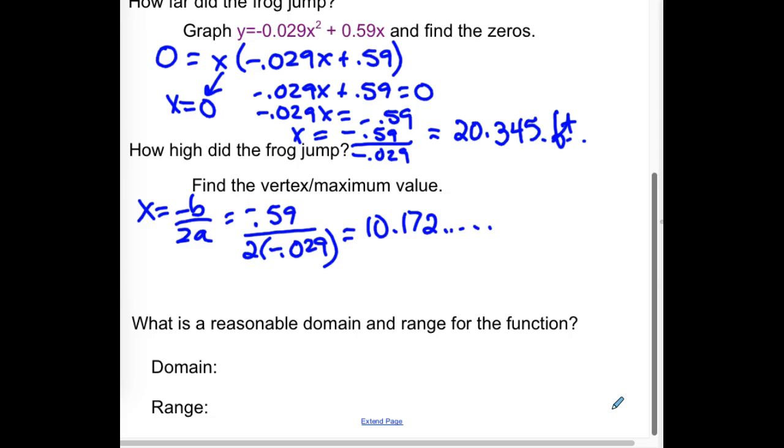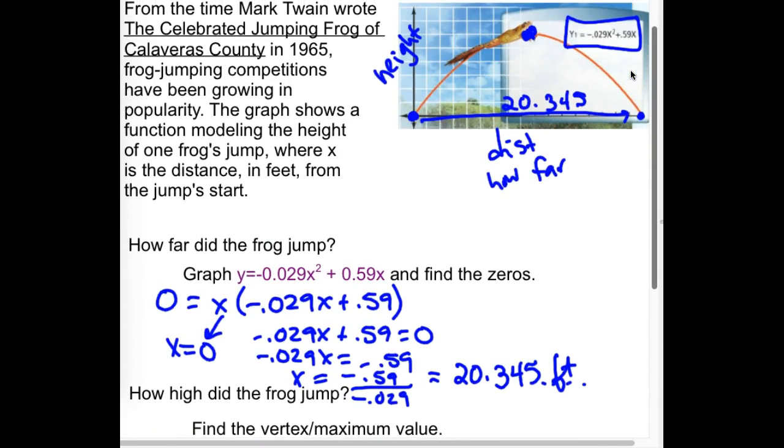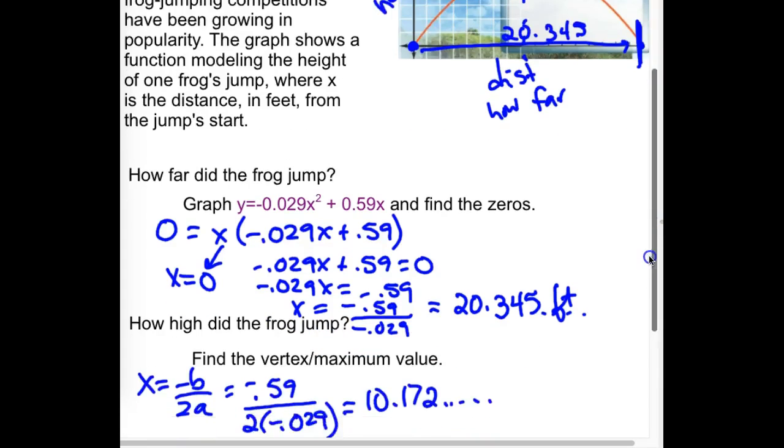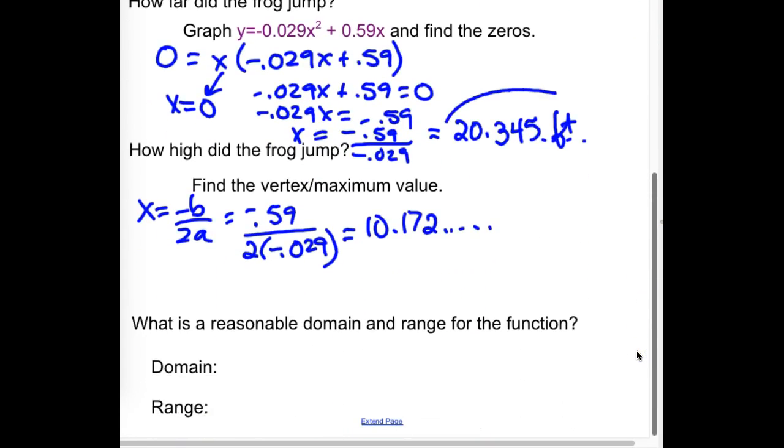Think about it in terms of your graph. If this was 20.345, where is this going to be? Halfway between it, right? Between 0 and 20.345, using the idea of symmetry. So we also could have taken this and just divided by 2, right? That would have gotten us that middle mark.